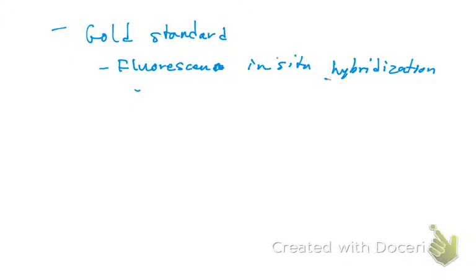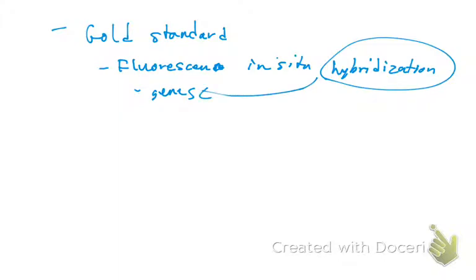So we hybridize the genes that we would like to check. If there is a lack of the fluorescent signal, that means that the patient has the microdeletion.